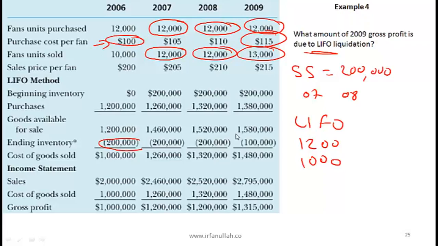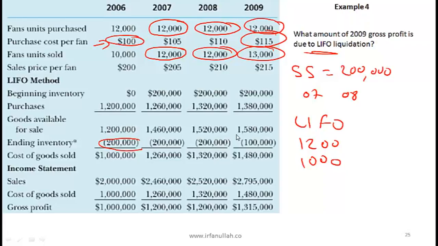Will that impact the revenue or the sales? Sales? Yeah, it will not impact sales. It will artificially show a somewhat higher profit, because it will artificially show a somewhat lower cost of goods sold.